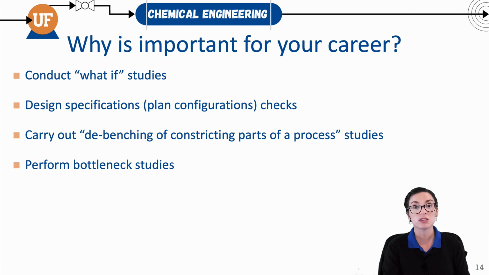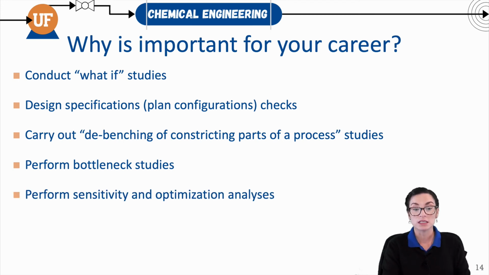You can also conduct bottleneck studies, so you can get data from your company, input it in the software, and analyze where the places are where the process is slowing down. And you know that slowing down means loss of profit, loss of production. So it does affect significantly the production of the company.